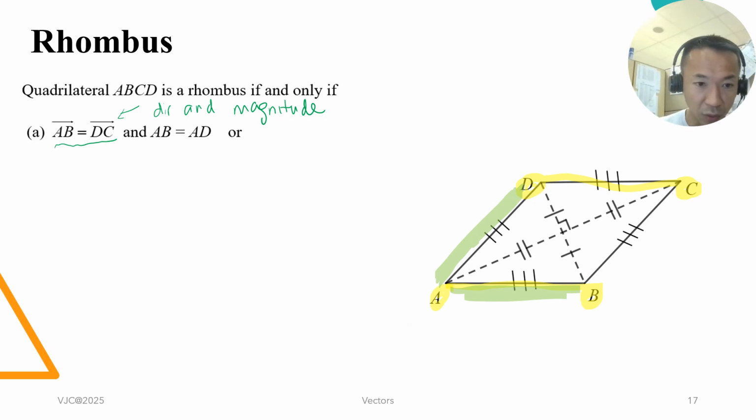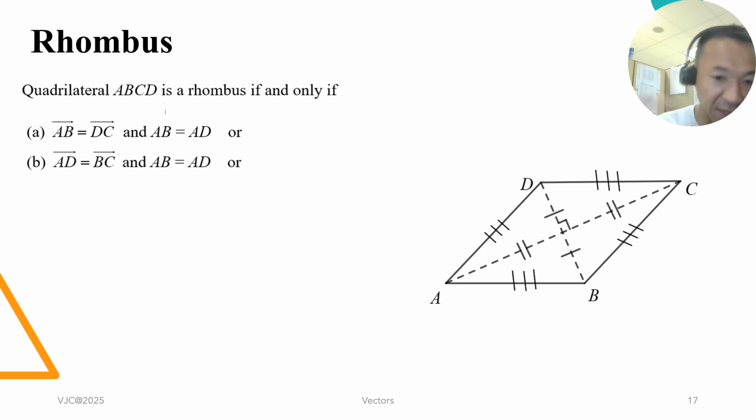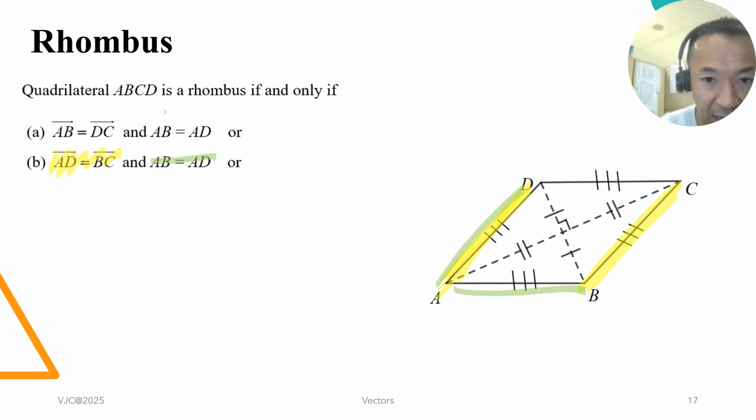Of course, you could also prove the other pair like that by saying vector AD and BC are the same, which means you show that it's a parallelogram again. Furthermore, you say the same pair AB and AD are the same length.